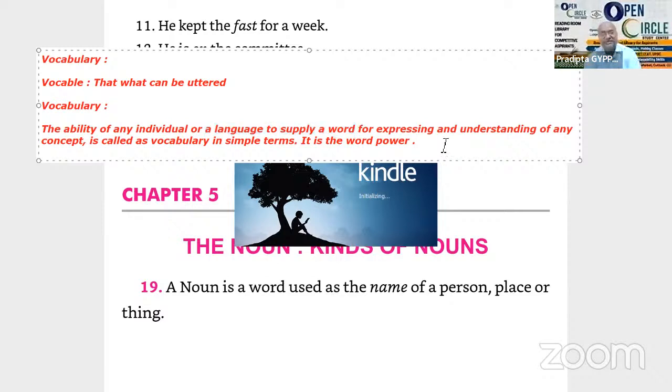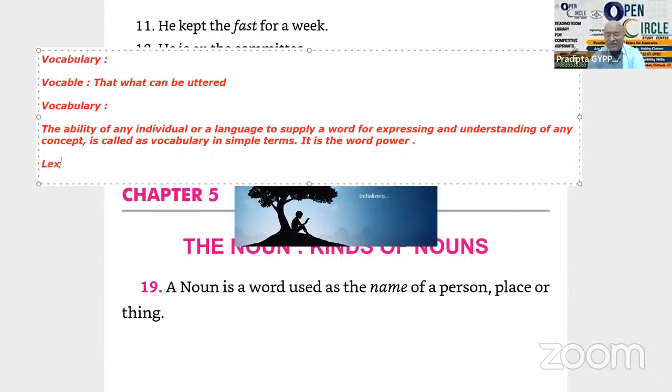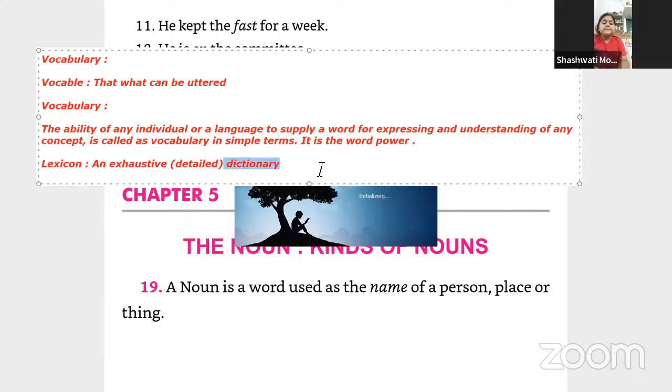So for this, we have a concept called lexicon. What is lexicon? Lexicon means an exhaustive dictionary. Exhaustive means big. Sashwati, do you understand? What is exhaustive? Exhaustive means detailed. Yes, sir. So what do you mean by a dictionary, Sashwati?